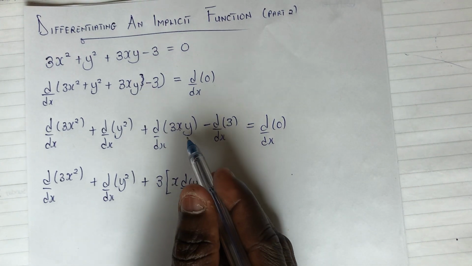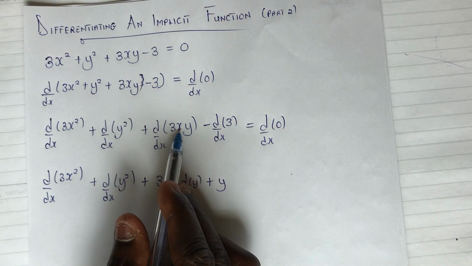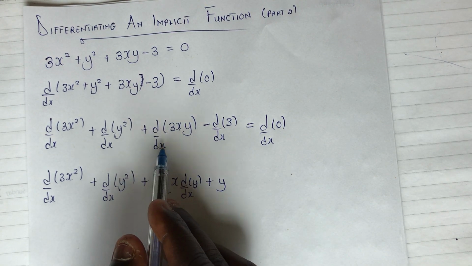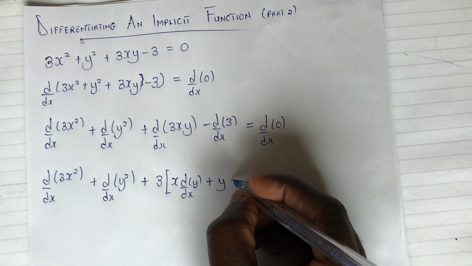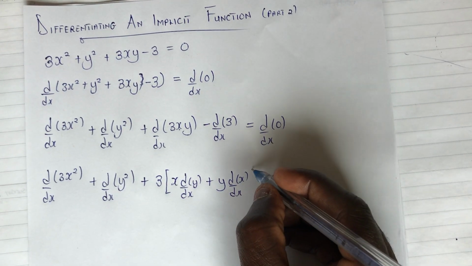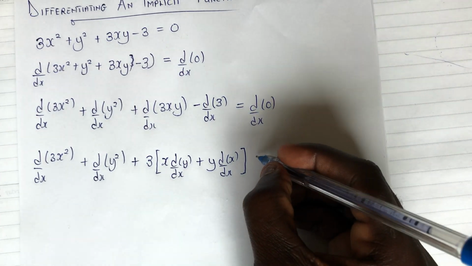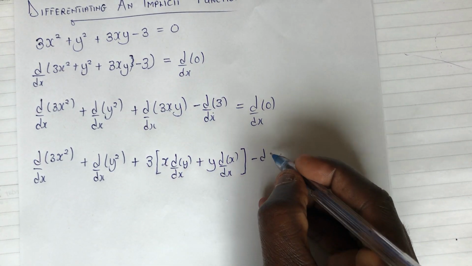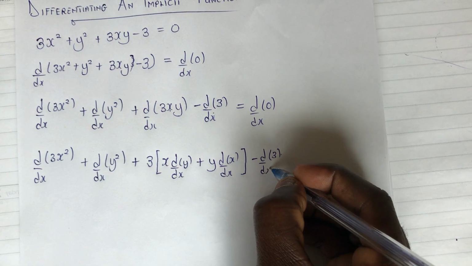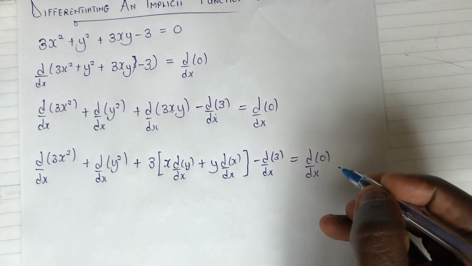Plus, now hold the y, maintain y, differentiate the x, or use d/dx to multiply the x, dx/dx. So that is it. We are done applying the product rule. Then we are left with minus d/dx of 3 equal to d/dx of 0.